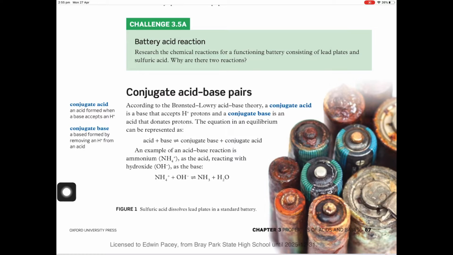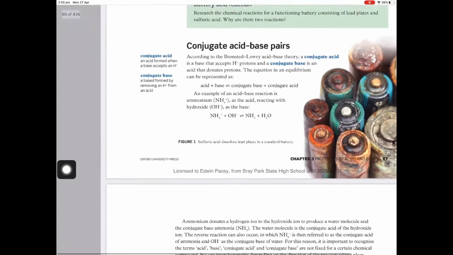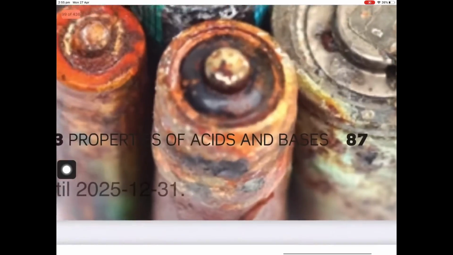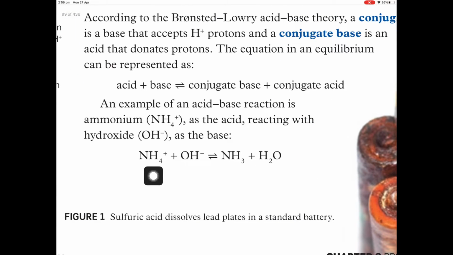So if we have a look at an example here, don't forget we're looking at page 87 of your textbook. The ammonium ion, NH4+, is the acid, and we've got a hydroxide ion, which is obviously the base.